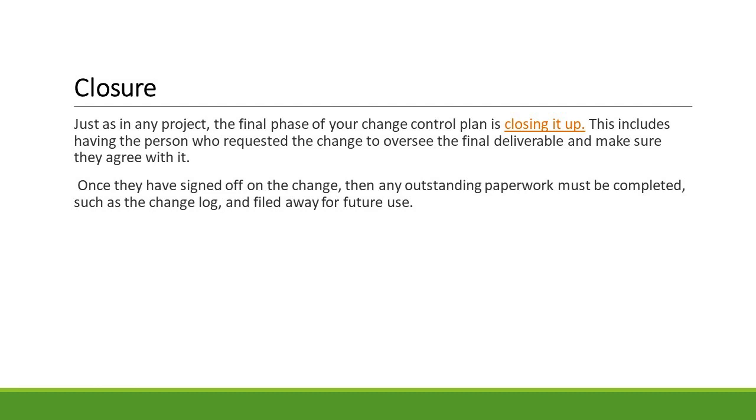Accountability. Documentation holds the team accountable for the change's outcomes, ensuring transparency and responsibility. Strategic alignment. Evaluating the change's impact on business objectives helps organizations ensure alignment with strategic goals.